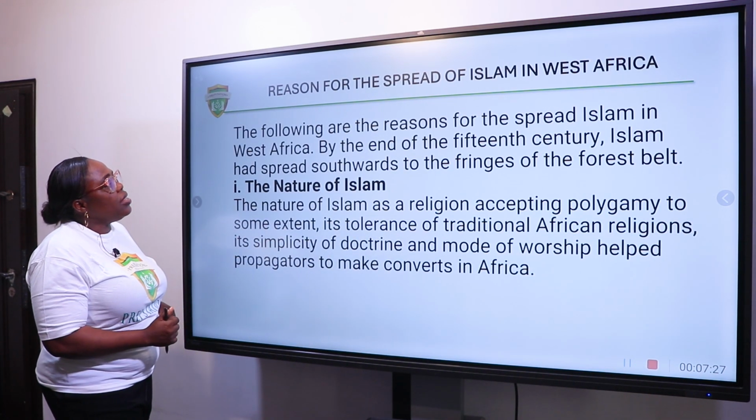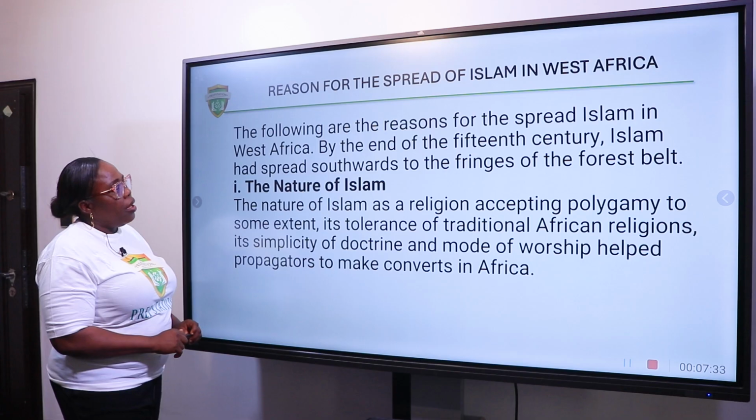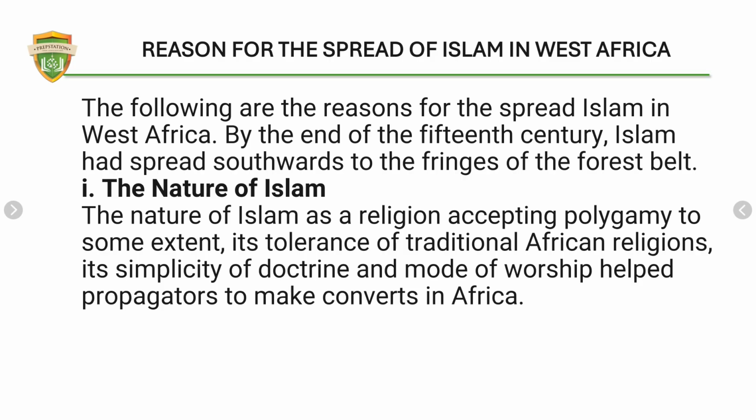The following are the reasons for the spread of Islam in West Africa. By the end of the 15th century, Islam had spread southwards to the fringes of the forest belt. The first one, the nature of Islam. It says the nature of Islam as a religion accepting polygamy to some extent, its tolerance of traditional African religion, its simplicity of doctrine and mode of worship helped propagators to make converts in West Africa.